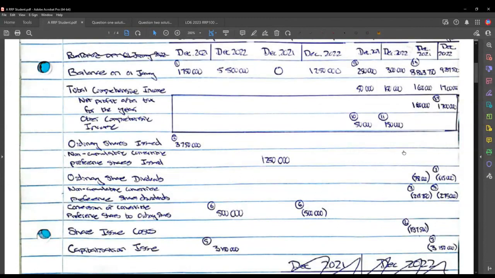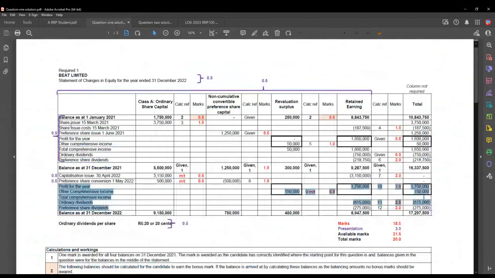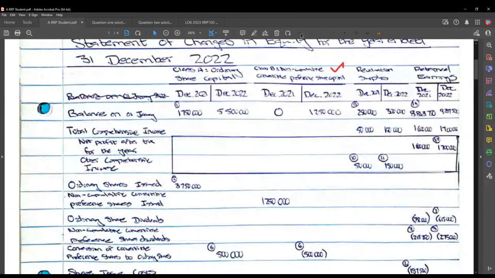We've got the ordinary share dividends, and that's for both years. We've got preference share dividends for both years, conversion, issue costs. So we can see that this student has actually got all of the elements that were sitting in 2021. So we can give him or her 1 half mark.